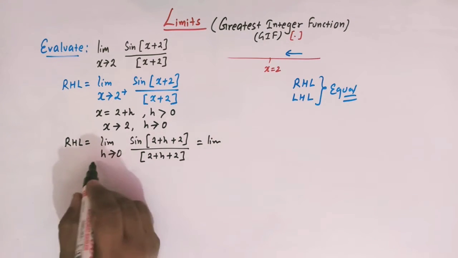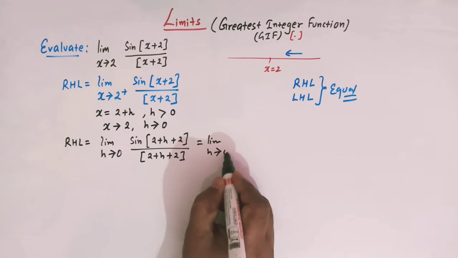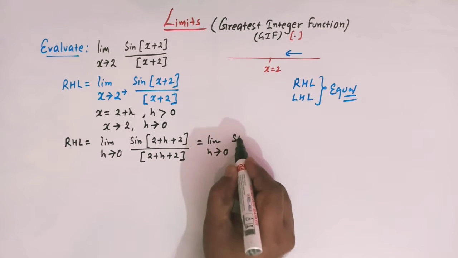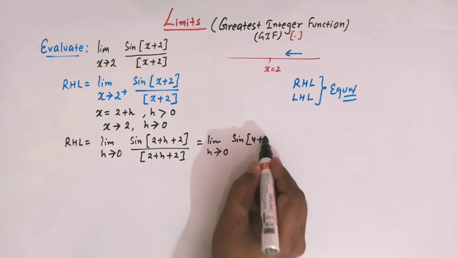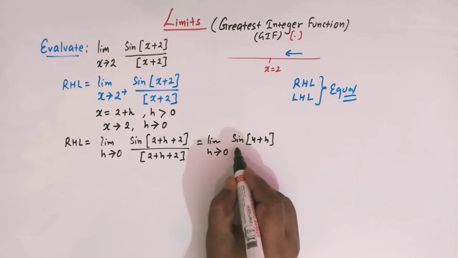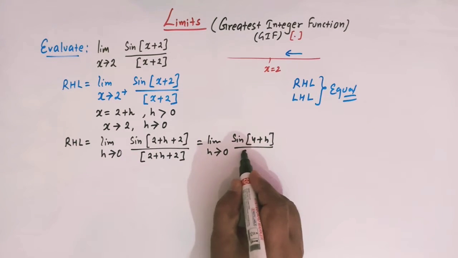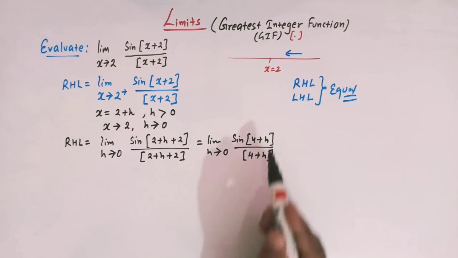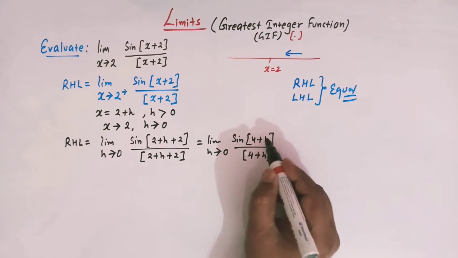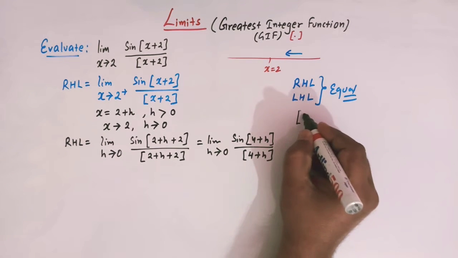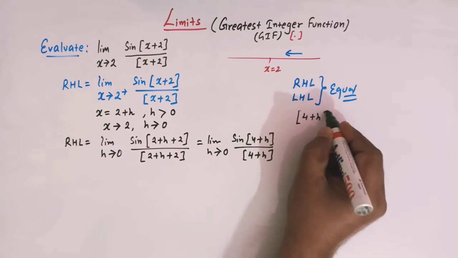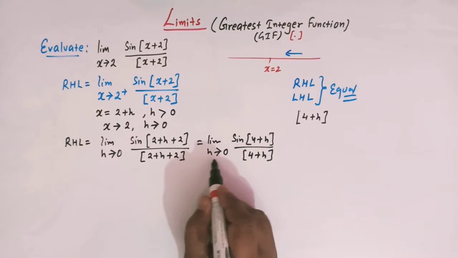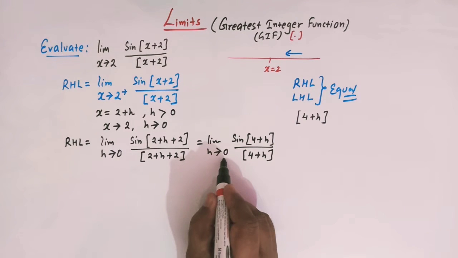We can simplify it: limit h tends to 0, sin[4+h] divided by [4+h]. Now we have to assign a value to the expression [4+h] when h tends to 0.